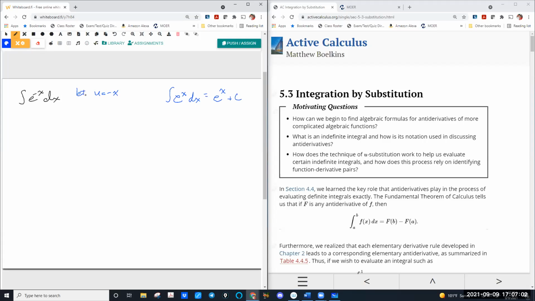Now, I want to talk a little bit about what happens next. Our goal is to get all the x's out and get it all in terms of u. Once you choose u, then you calculate du dx, which is the derivative of u with respect to x, which is just -1.